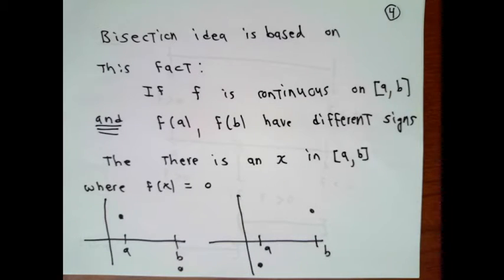Since my function is continuous, I have to be able to draw the entire graph from a to b without picking my pen up, meaning there's at least one place between a and b where f of x is 0. If I have two x values where the function values are opposite in sign, they will always form what's called a bracket of the root.